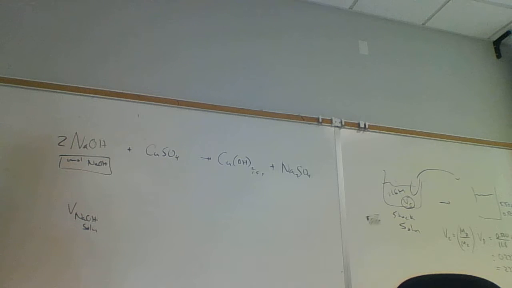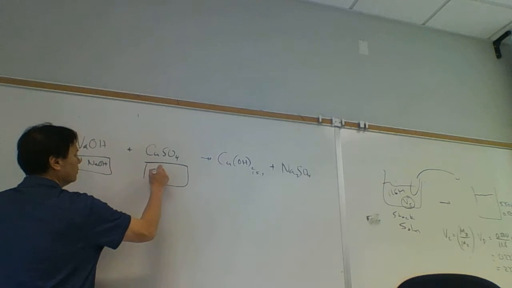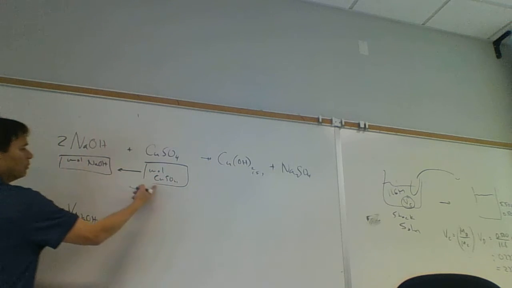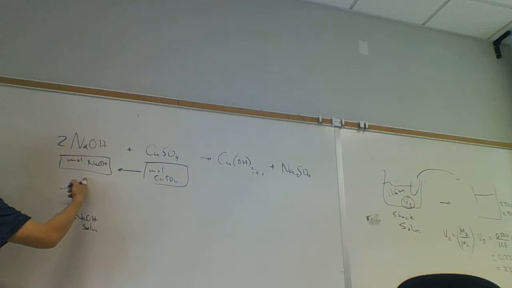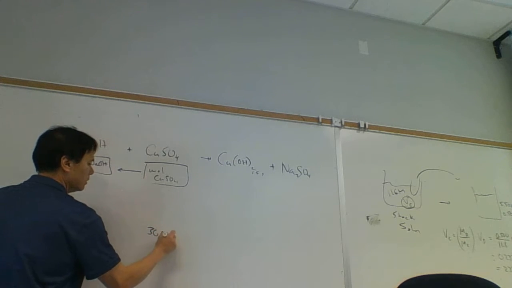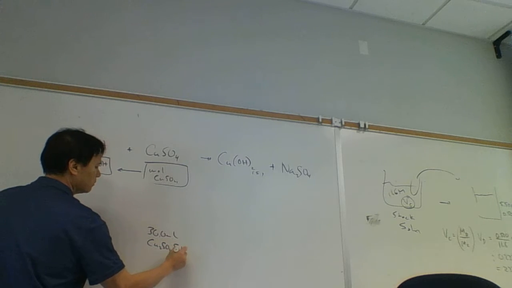And then we have moles of CuSO4. So we're going to do a mole-to-mole conversion. And then we have 30.0 milliliters of copper(II) sulfate solution.